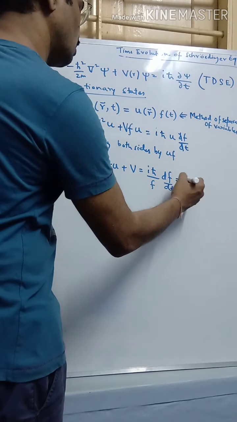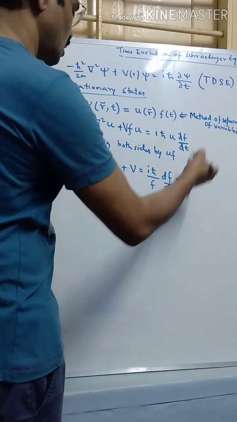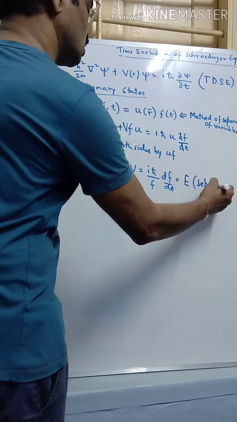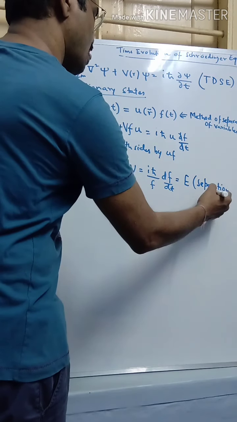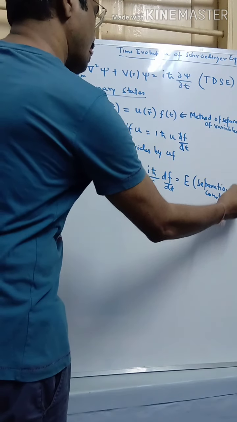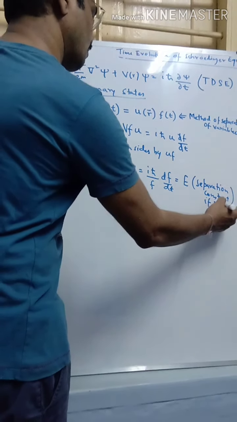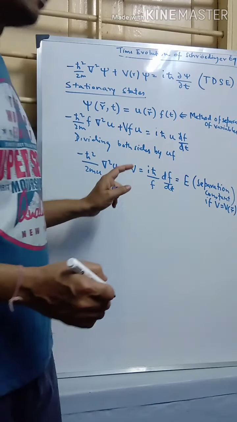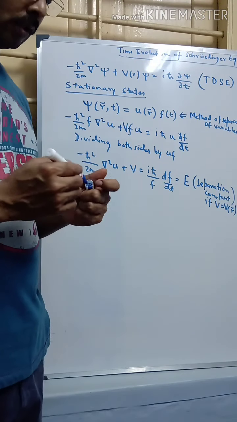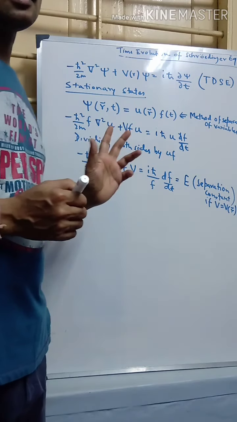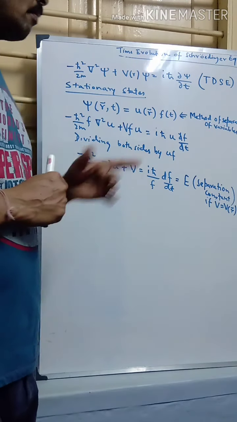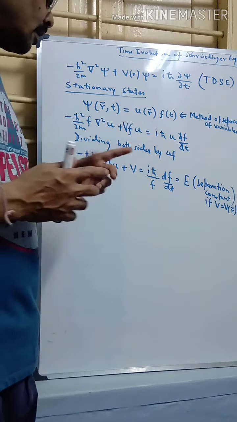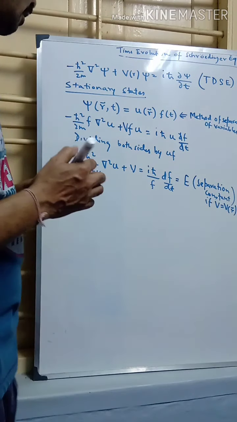So this would be some constant, you can say E, the separation constant. If V is only equal to V(r), there is no time part involved in the potential. So we can segregate the space part and the time part by the method of separation of variables, by a separation constant, if and only if V is independent of time.